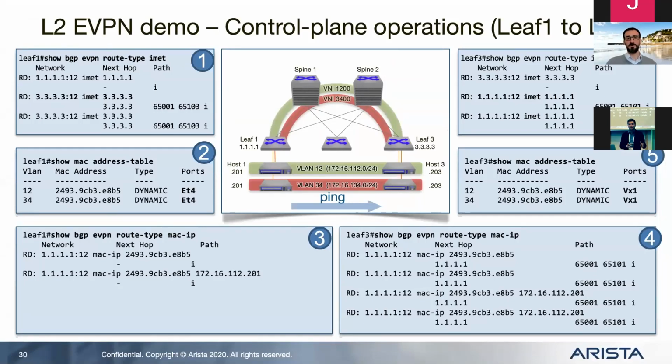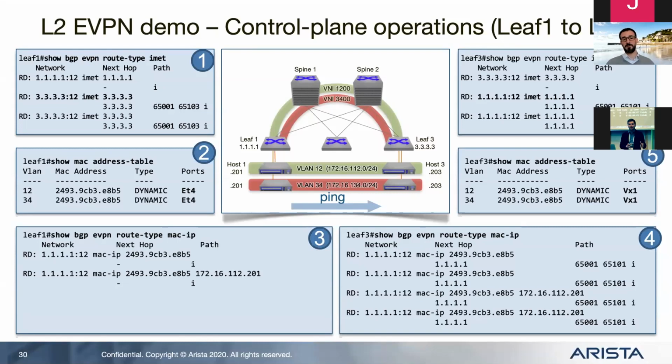This is a summary of what we've seen. We've seen the IMET distributing the interest in receiving BUM traffic on a specific layer 2 segment, VNI, so that leaf 3 did send the BUM traffic to leaf 1 when host 1 wanted to send an ARP request. This was sent to leaf 3 correctly.